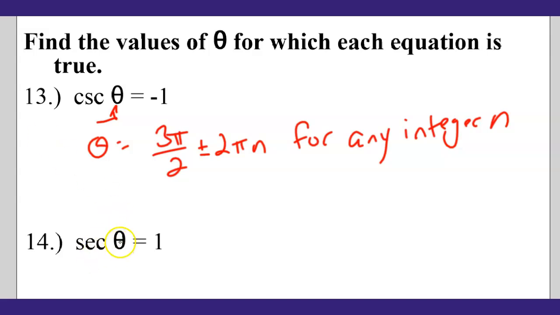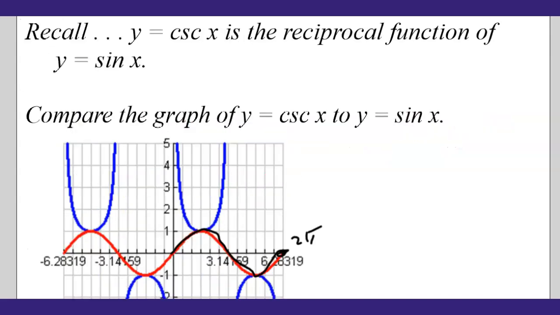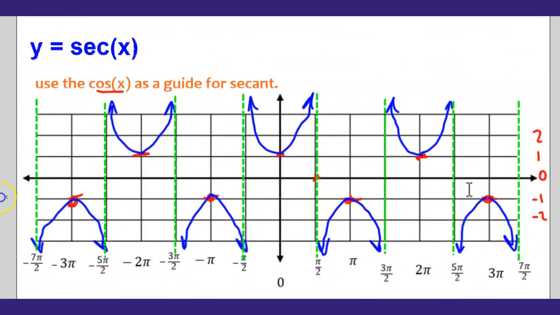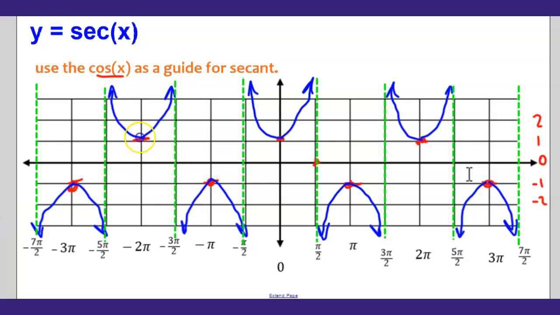Then it says secant of theta equals 1. Where does secant theta equal 1? So we've got to find an angle where it equals 1. So back to the graph I go. Here's a 1. Here's a 1. Here's a 1. What do all those values have in common? This is 0, plus 2 pi. This is 0 minus 2 pi.